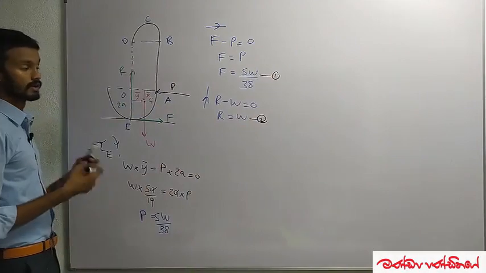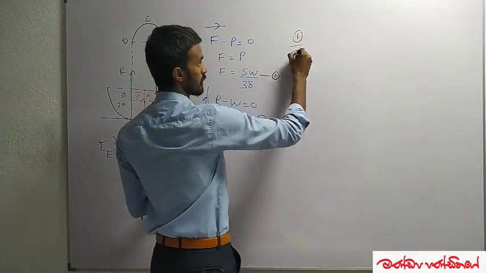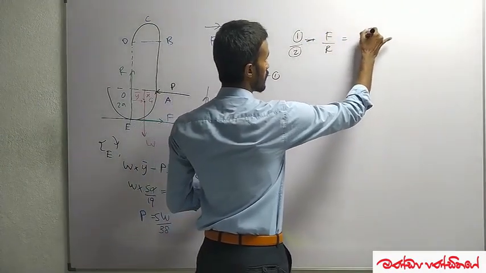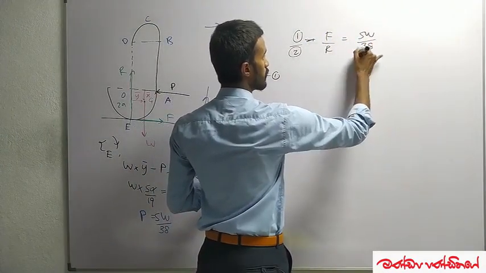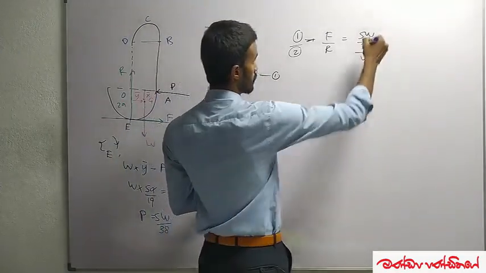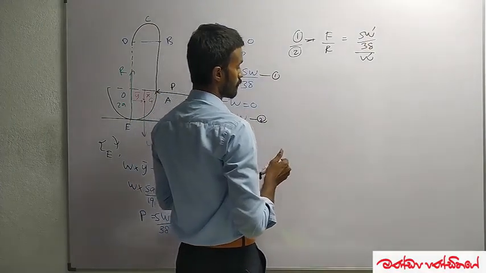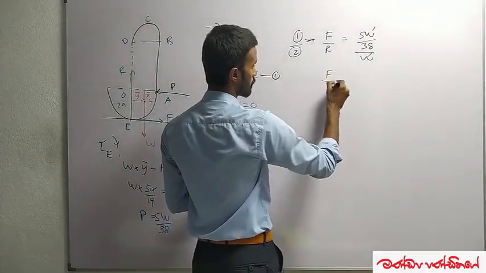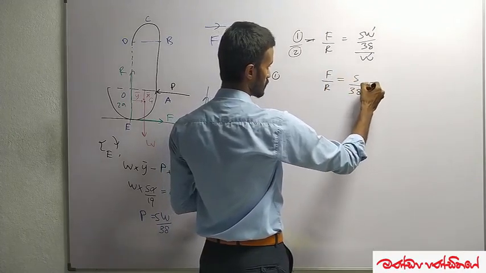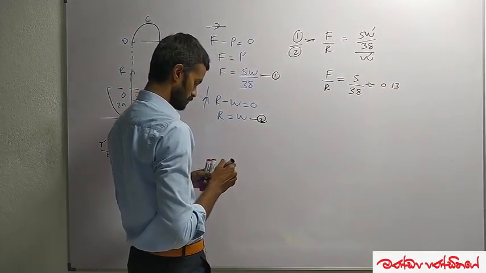I told you my intention was to find F and R, and I have found them. To get the F over R ratio, F over R is equal to 5W over 38 over W. The W cancels off, and I get F over R equal to 5 over 38, which is somewhere like 0.13.